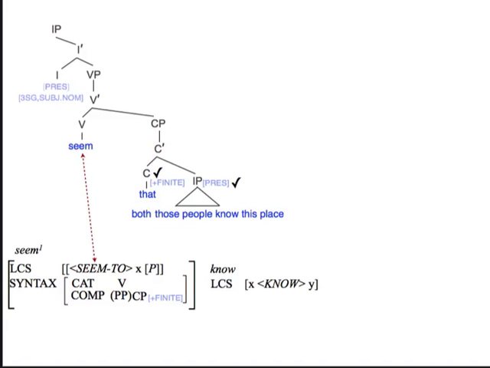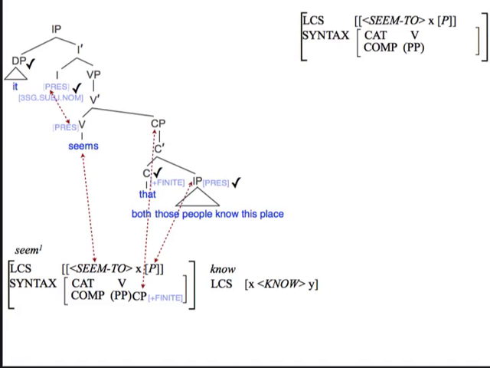We've got an IP node above it. We've got a certain tense value. We've got subject value and all of that. We can put the "seems" in there in its present tense form. And we can put an "it" in there. And we've checked all of our features. We've got an "it" that is perfectly compatible with nominative. The nominative value, it's overt, it satisfies the subject requirement, and all of this is fine.